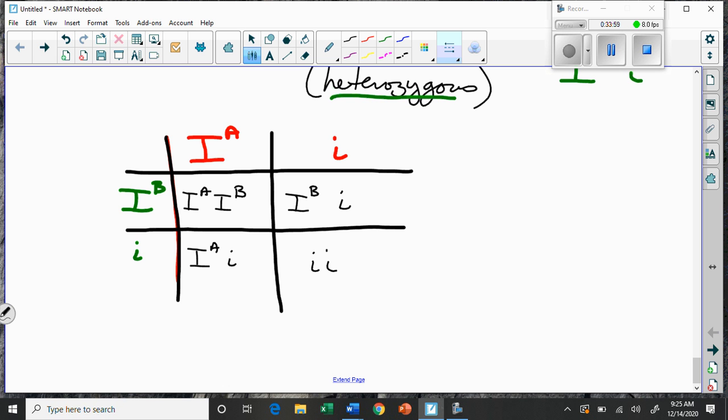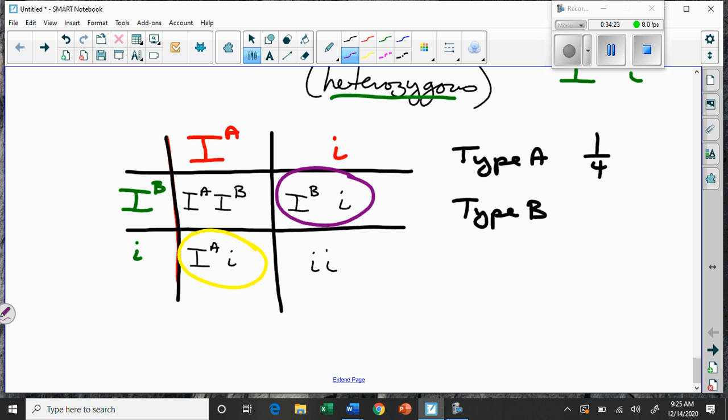So if we look at the possibilities for type A blood, there's only one genotype here that would give us type A blood. So type A is 1 out of 4, right? 1 out of the 4 possibilities. Type B, there's only one genotype that could give us type B blood, and it's this one. So that's 1 out of 4.